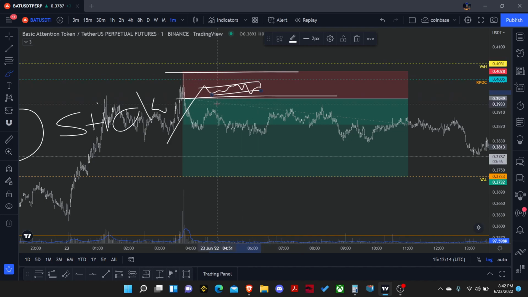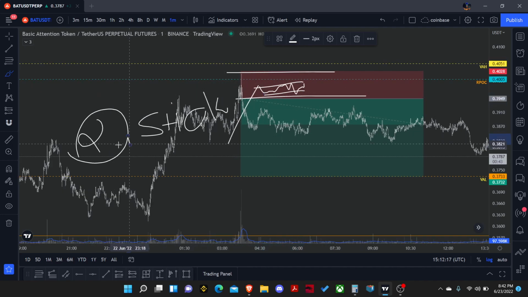Most often this is a nice idea if you're trading liquid markets in cryptocurrencies like Bitcoin and Ethereum.